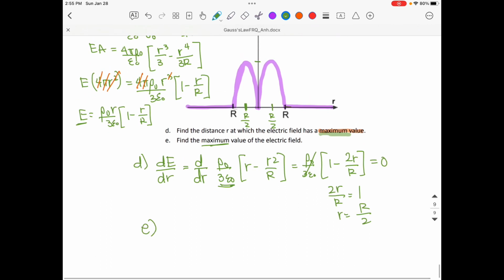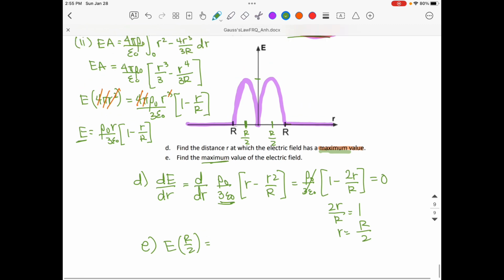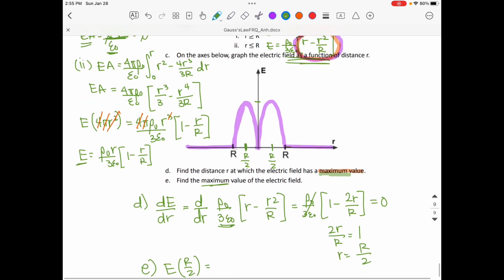And E is just the electric field at R over 2. So I'm going to take, again, my electric field equation. That's this equation right here.